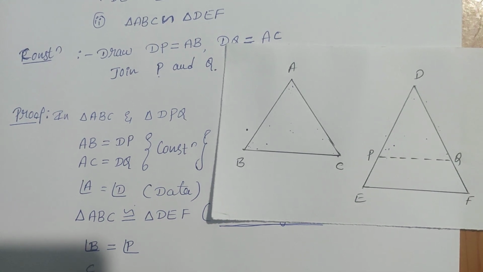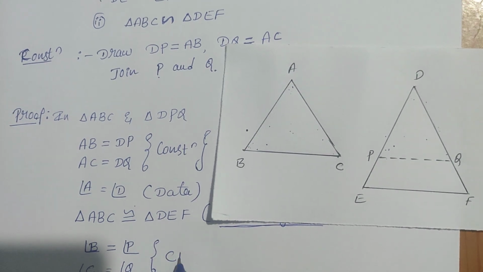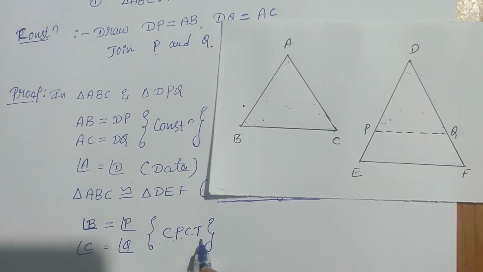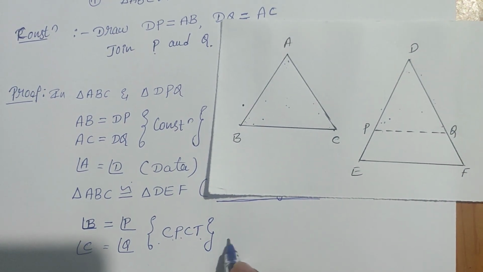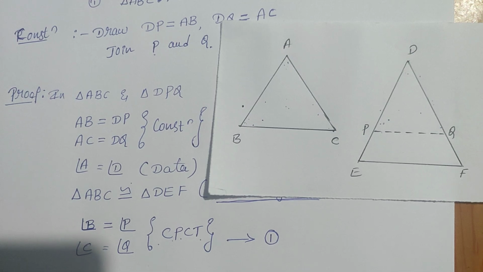Again I can write angle C is equal to angle Q. This is by CPCT, which means corresponding parts of congruent triangles. So these two are the corresponding parts of these two congruent triangles. You can take this as equation number 1.